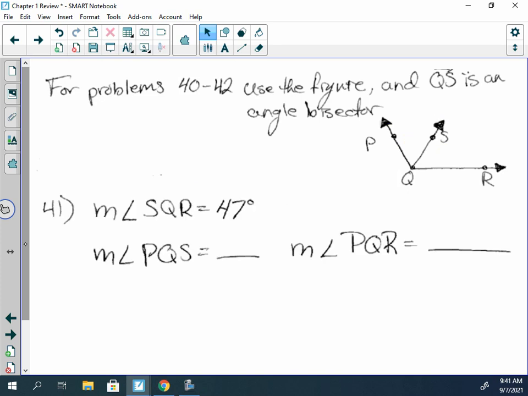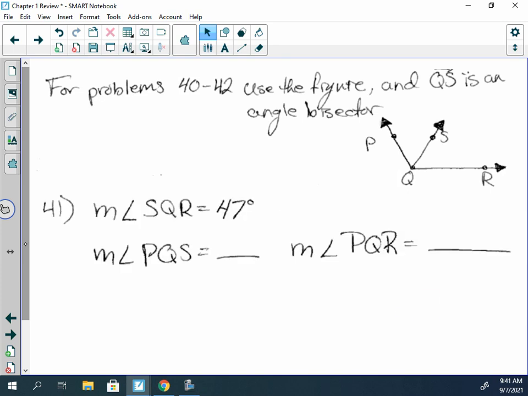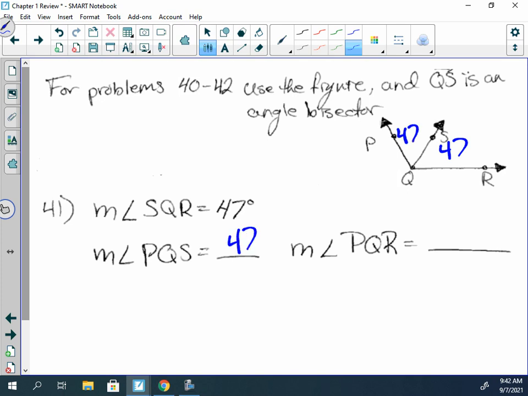Question on number 41 or 42? 42. SQR is 47, yes? So what's PQS? And if we add those two together, we get 94.